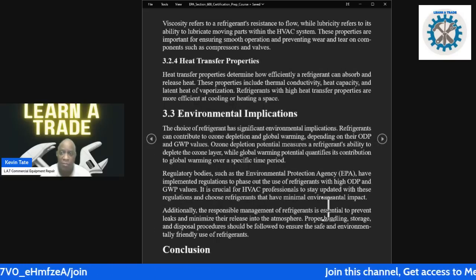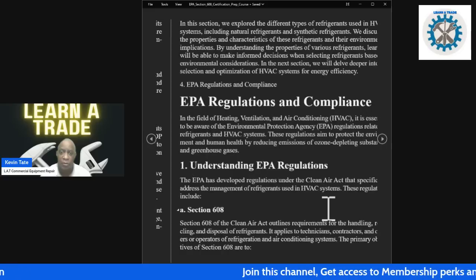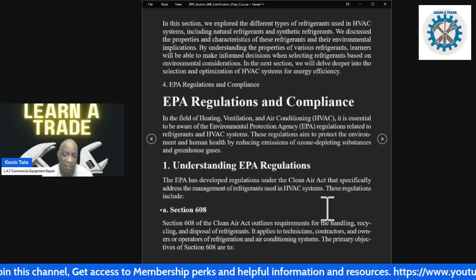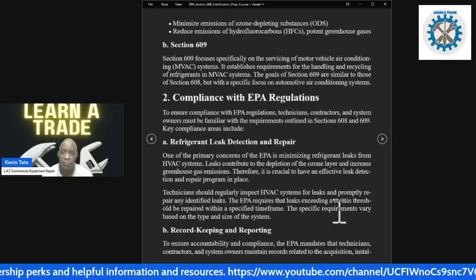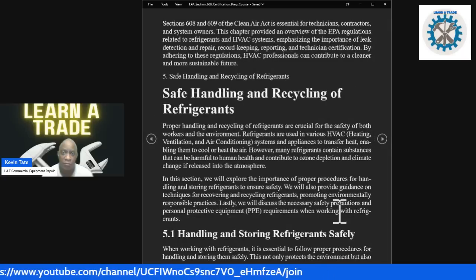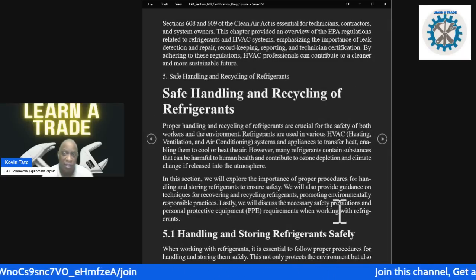Heat transfer properties. Then in section 4, they're going over the EPA regulations and compliance. Refrigerant leak detection and repair. Section 5, they go over safe handling and recycling of refrigerants, which is necessary.